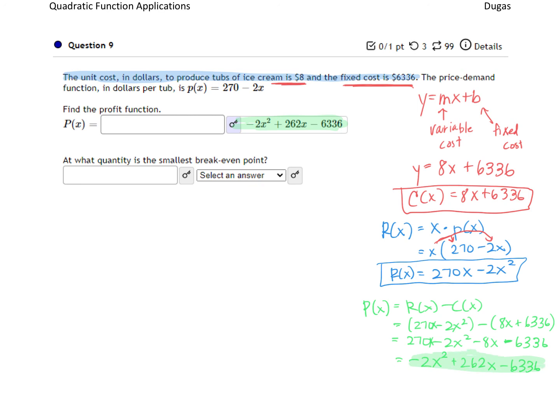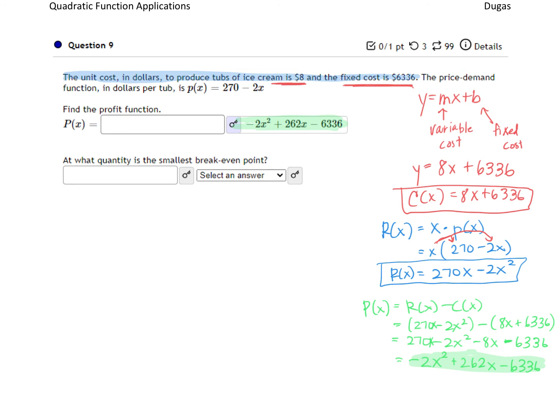And then it wants to know at what quantity is the smallest break-even point. So the break-even point is when revenue is equal to profit. I'm sorry, not profit. Revenue is equal to cost. So the break-even point is when revenue is equal to cost, or when the profit is 0. So if you're not making any profit, that's another way to look at the break-even point.